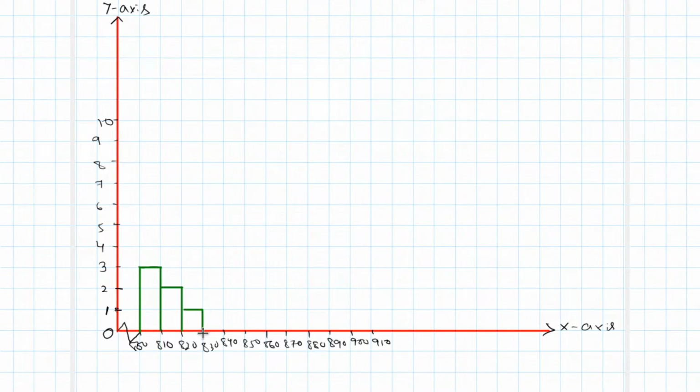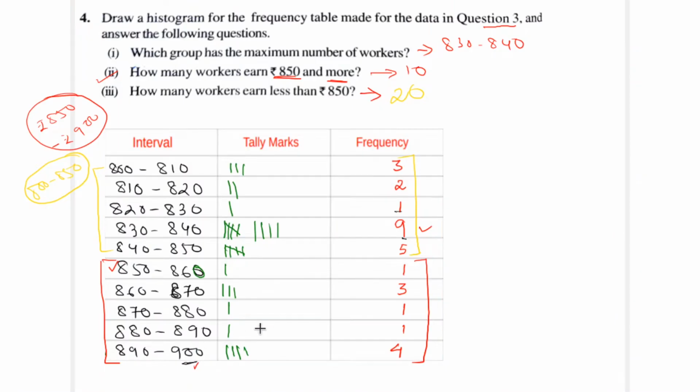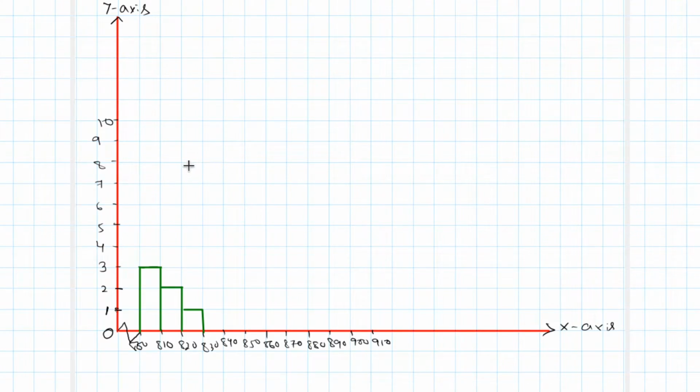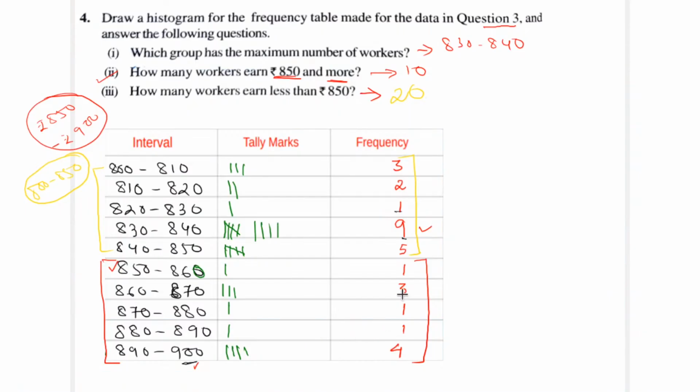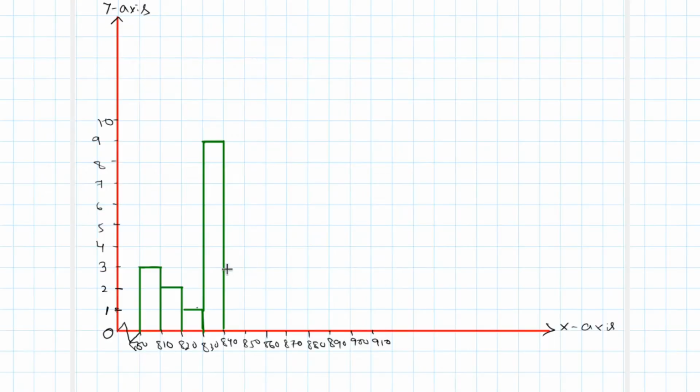1. Then 9. So at 9 we will mark. Okay, next is our 5, then 1. So where is 5? Here.